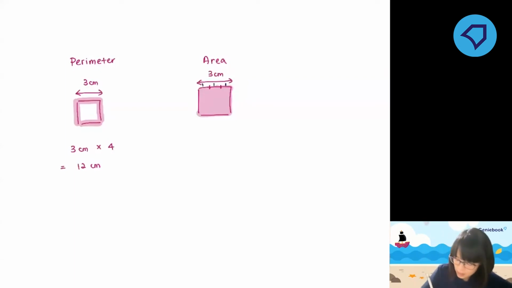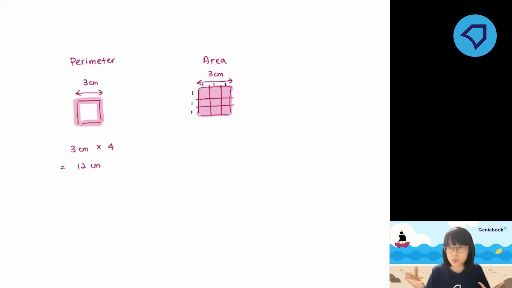The side over here, I'm going to cut into 3 parts as well, the minimum. This is also 1 cm, 1 cm, and 1 cm. So if I were to divide it this way and this way, how many 1 cm squares do I have?